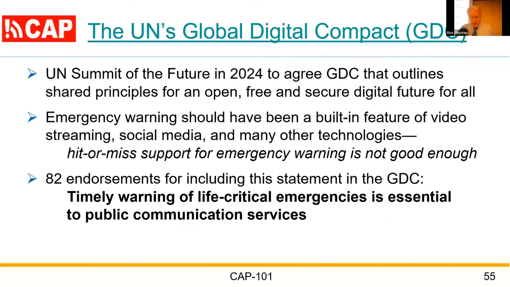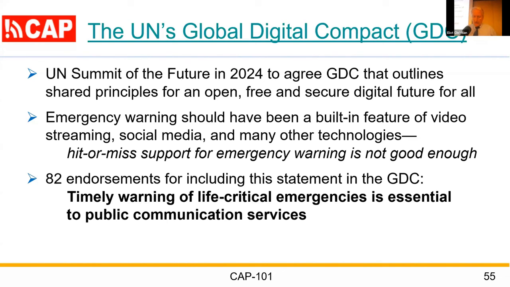Lastly, I want to mention the Global Digital Compact. Quick show of hands. Who's heard of this? Who knows what the Global Digital Compact is? That's only like 3 hands, guys. The GDC, Global Digital Compact, is an intergovernmental agreement, not a treaty. It's to be agreed at the UN Summit of the Future in 2024.